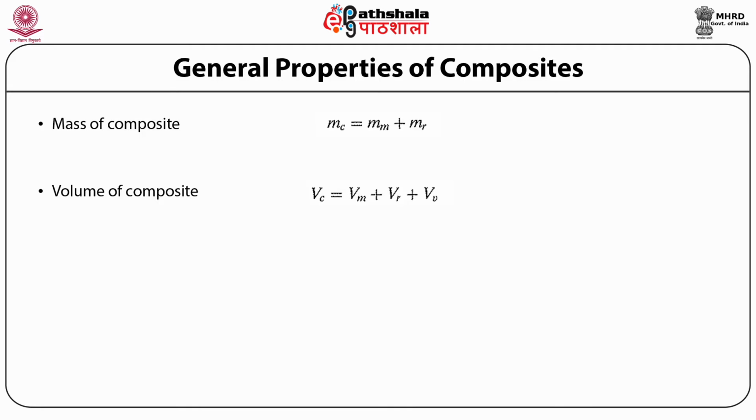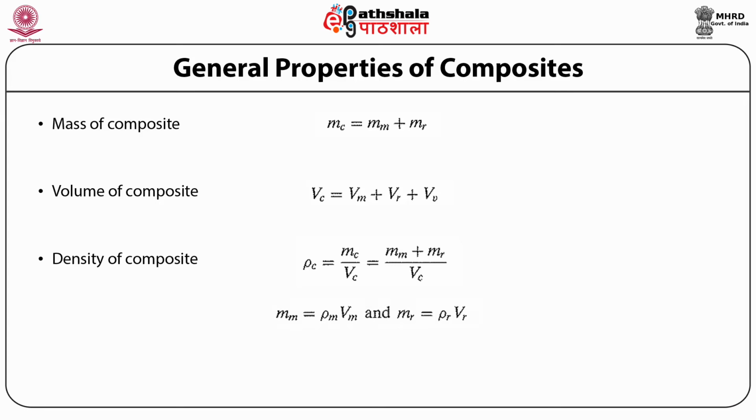The third is the density of the composite. Now we know that density is nothing but the ratio of mass divided by volume. So the density of the composite, that is rho c, will be mc by Vc. mc is equal to mm plus mr by Vc, since mm is equal to rho m multiplied by Vm and mr is equal to rho r multiplied by Vr.